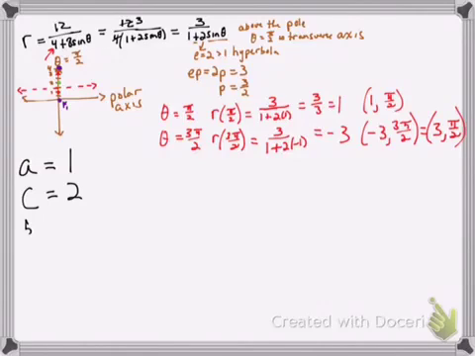We know B squared equals C squared minus A squared. So that's 4 minus 1, which is 3. But we can't use B squared in this case. We need an actual B because we're measuring out the box in order to make the asymptotes. So B will be radical 3, which is approximately 1.73.